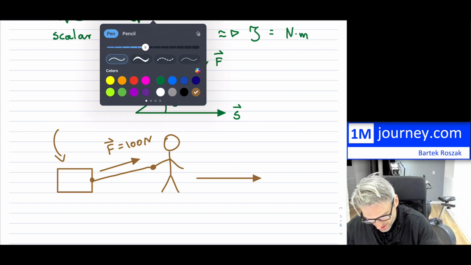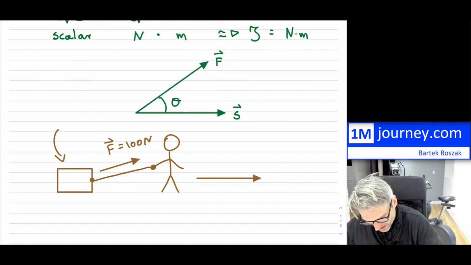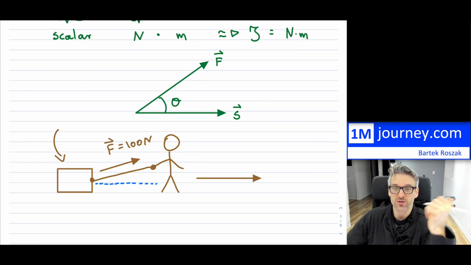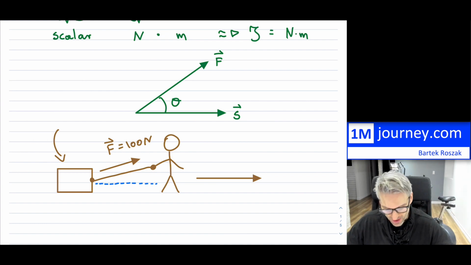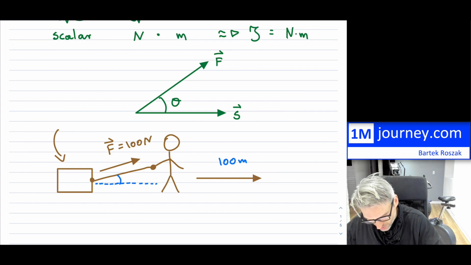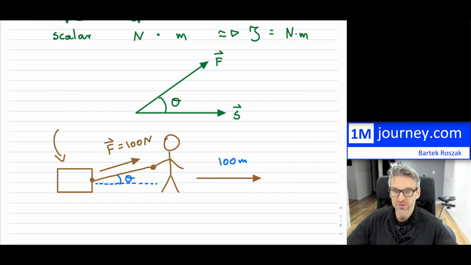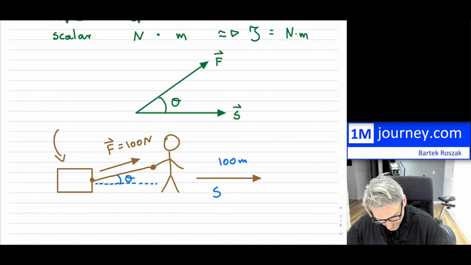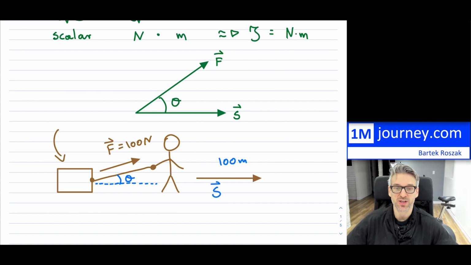Now, I'm just making this up, but we are moving in this direction, let's say east, and maybe we've moved 100 meters. But as we're pulling this along, notice that we're creating an angle. So here is the angle in between the actual force and the displacement. In this case, it's 100 meters east. So those two are the vectors.